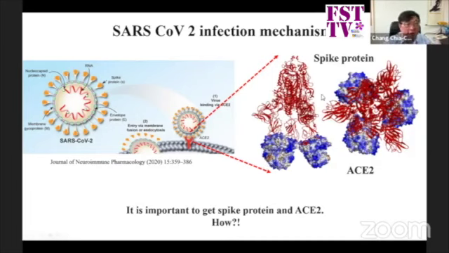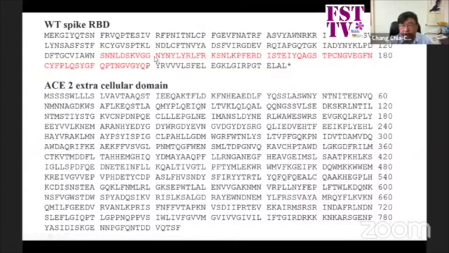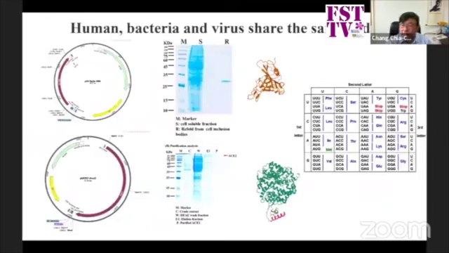So right now, we don't have the antibody, but we know there is an interaction pair, spike protein and ACE2. We know their sequences, and we also know their binding sites. So we can recombinantly express those proteins through a bacterial expression system, and then we get the protein.